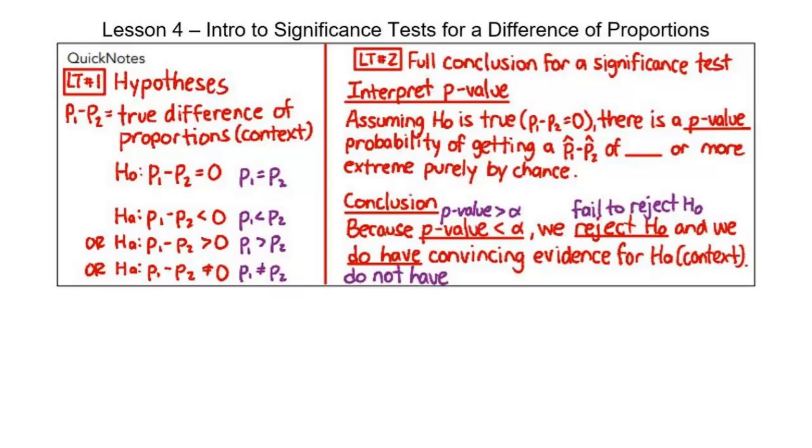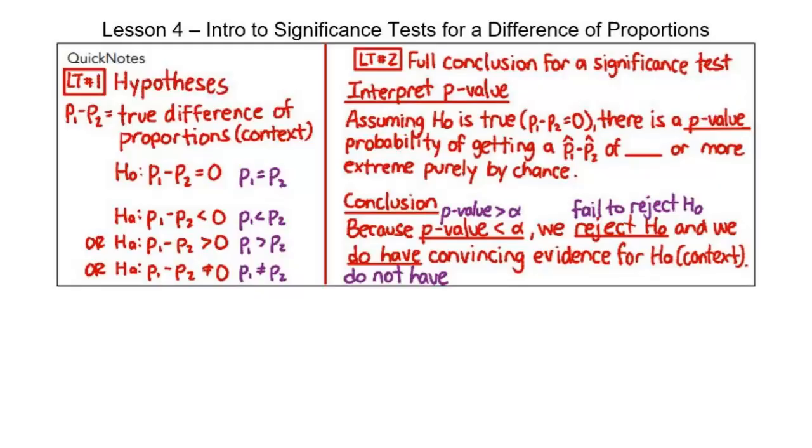The null is always the idea that P1 and P2 are the same. So their difference would be 0 if they come out to be the same. That will always be my null hypothesis on a difference of proportions test. And then the Ha is either going to be less than, greater than, or not equal to, where not equal to would also make a two-tailed test.